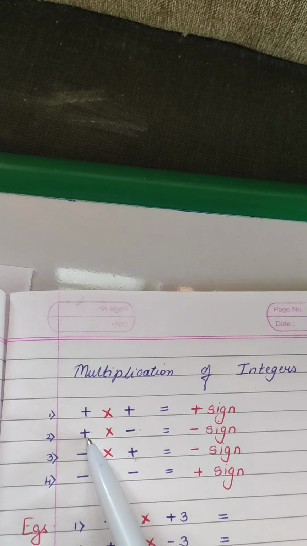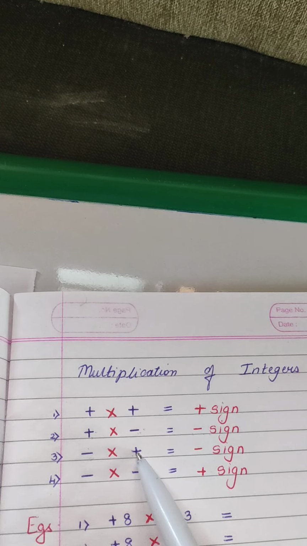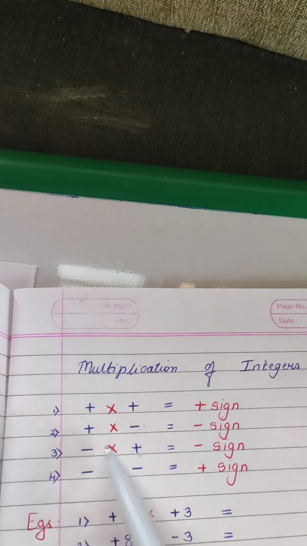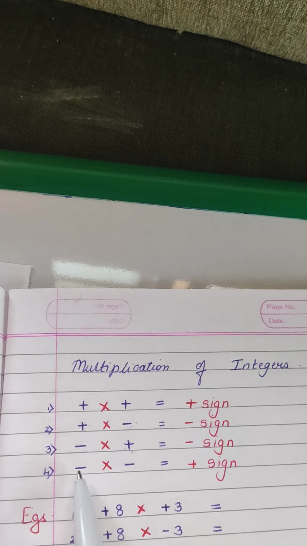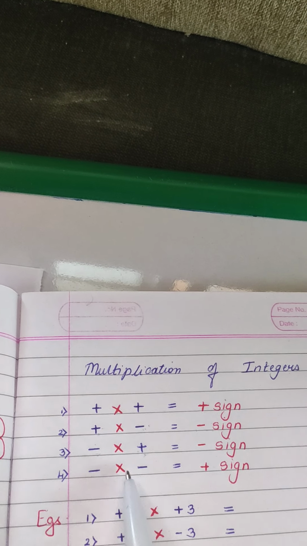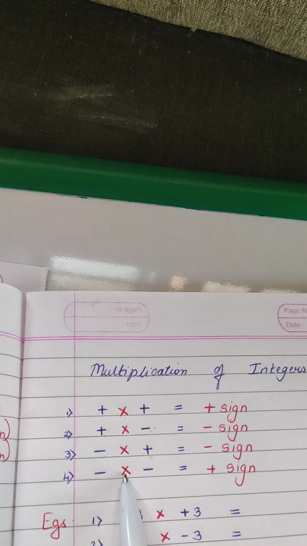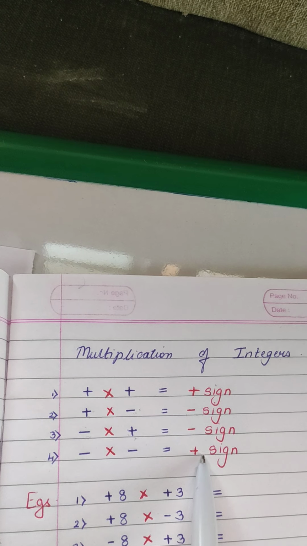In case you have one positive and one negative number, similarly here, one positive and one negative number, multiply the numbers and then put a minus sign. And in the fourth case, if you have both the numbers negative with a multiplication sign in between them, multiply the numbers whatever is given and then put a positive sign.